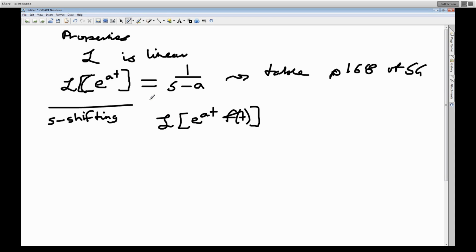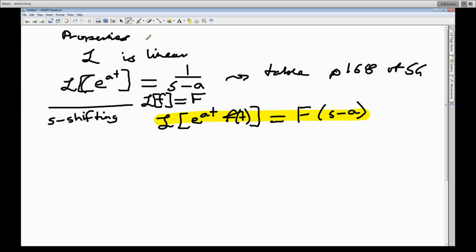Let's just use the convention that, just for short, the Laplace transform of little f will equal big F. So I'll use that convention a lot. It just makes it easier to write down, really. So the Laplace transform of little f is capital F. So the Laplace transform of an exponential times little f is equal to big F, where the S has been shifted by a. That's the first shifting theorem.